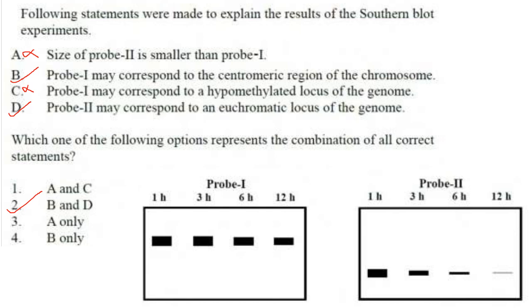Size of probe 2 is smaller than probe 1. That is not a correct statement. Then probe 1 may correspond to the centromeric region of the chromosome. Now I told you that in probe 1 there is not much difference in the band intensity when compared to probe 2, because the level of digestion is not high in this region of the chromatin.